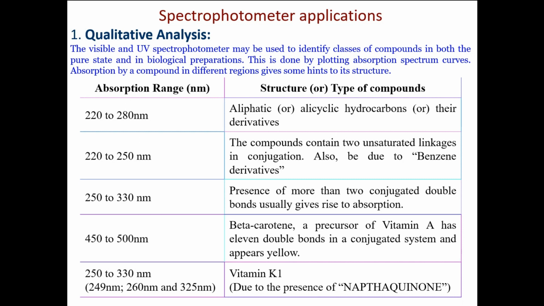See the absorption range and the structure and type of the compounds which we can identify here. For example, if the compound absorbs in the 220 nanometers to 280 nanometers range, then in that case, the compounds present may be aliphatic or alicyclic hydrocarbons or their derivatives.